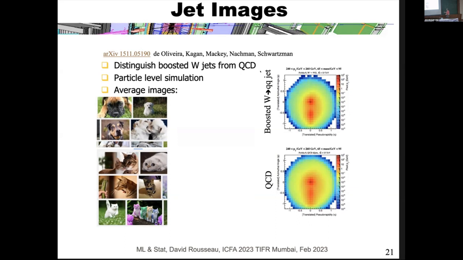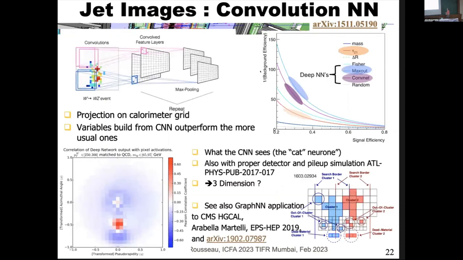And so this was done again with a neural net trained on cats and dogs, a convolutional neural net, as explained before. And the results are quite nice. So this time it is 1 over background efficiency, so the curve should be as high as possible, versus signal efficiency.